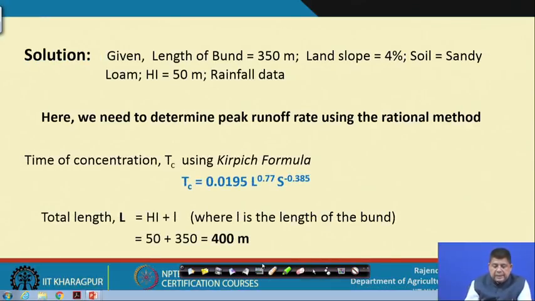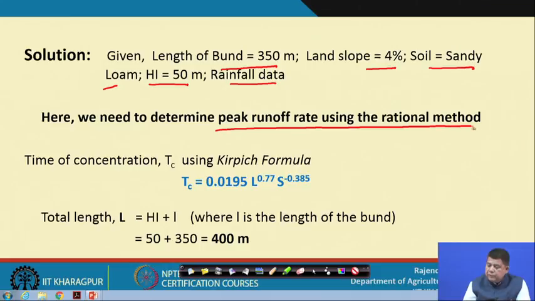So, the data available are length of bund 300 meters, land slope 4%, soil sandy loam, horizontal interval 50 meters, and rainfall data. Obviously, here again we have to determine the peak rate of runoff using the rational method. In the previous case, we had been given rainfall for duration equal to time of concentration, but this is not the case.